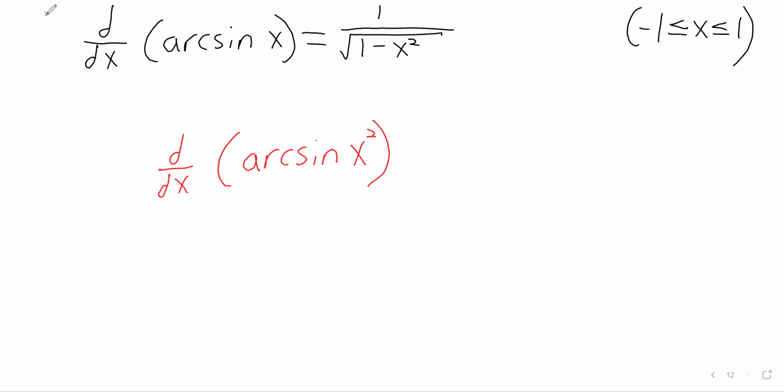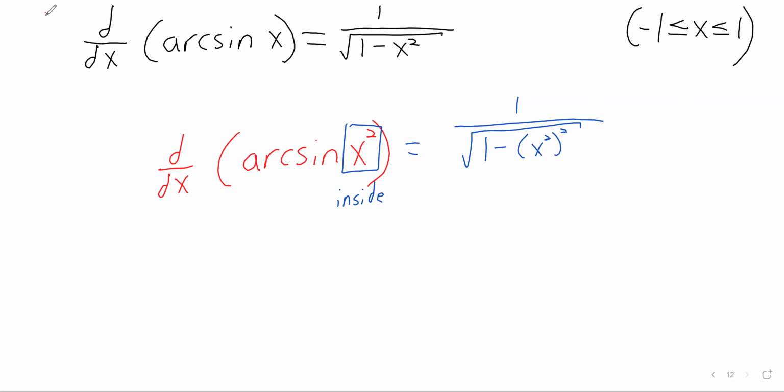And if we want the derivative of the arcsine of x squared, it's new, but it's hopefully all very familiar. We've got this function, the arcsine, and then inside the arcsine, we have a different function. So we take the derivative of the outside function.